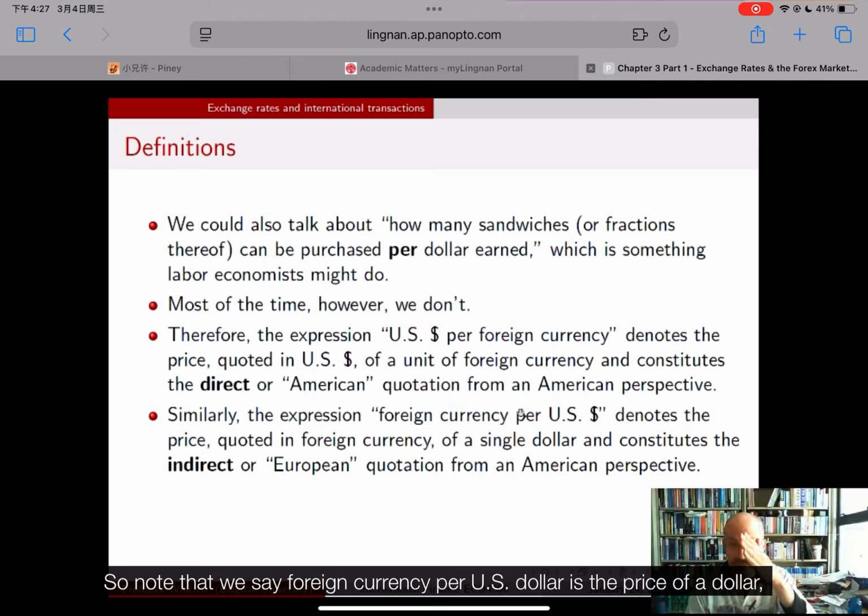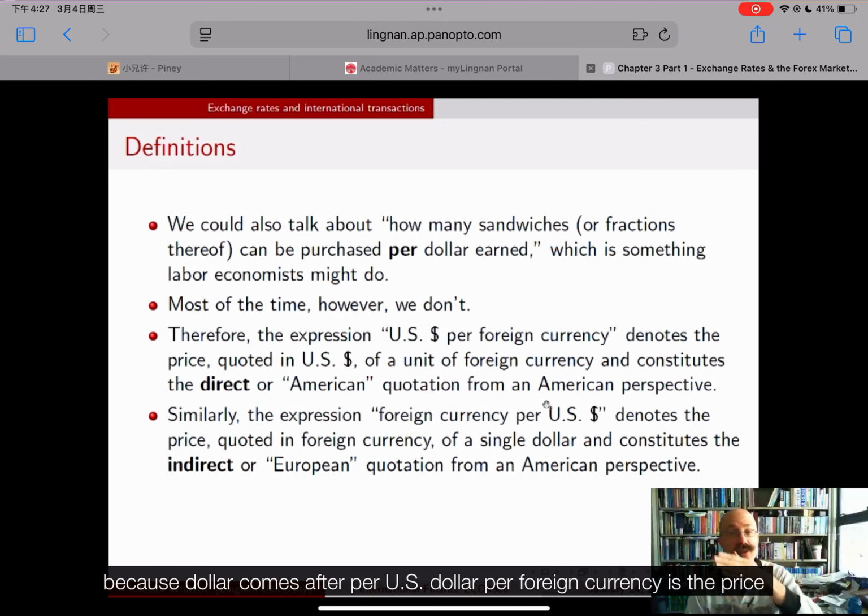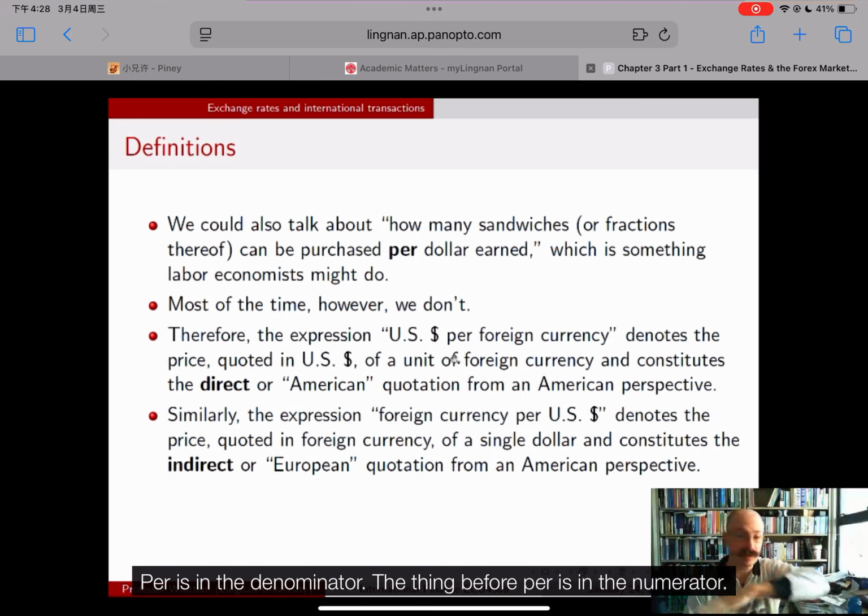So note that we say foreign currency per US dollar is the price of a dollar because dollar comes after per. US dollar per foreign currency is the price of foreign currency because foreign currency comes after per. The thing after per is in the denominator. The thing before per is in the numerator.